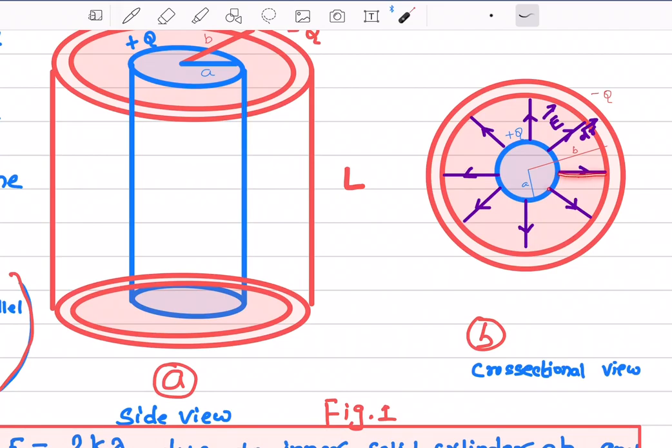So it is a radially outward electric field. This gives the direction of the electric field. The electric field and the dr, the displacement, are in the same direction. At all points, they are always parallel.